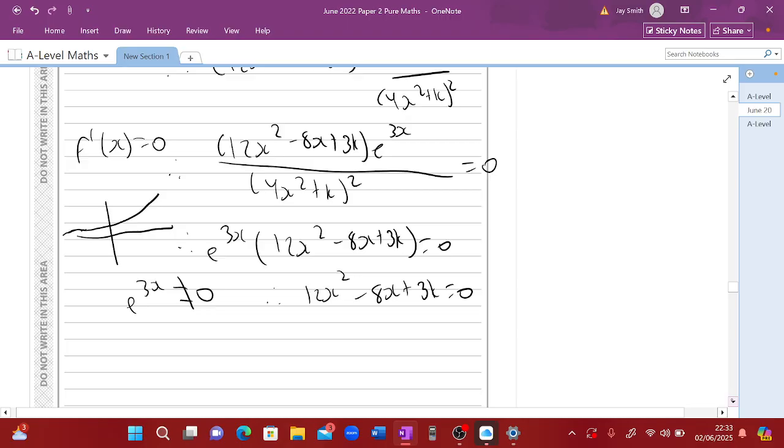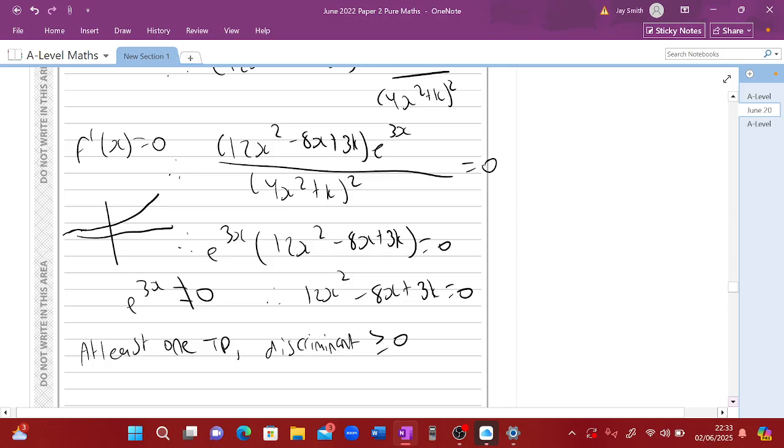Now we are told there is at least one root, one turning point. So there's at least one solution. Well, if we have a quadratic and there's at least one solution, that means the discriminant is greater than or equal to 0.